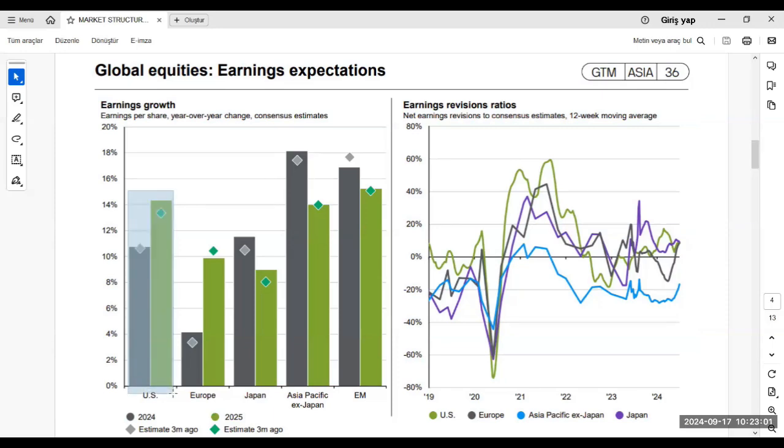In 2024, when we compare the 2 years, the United States earning expectation is increasing in the next year, in the Europe region as well.